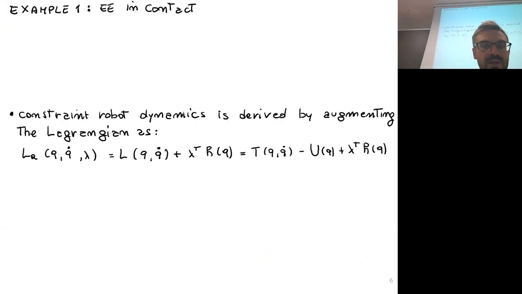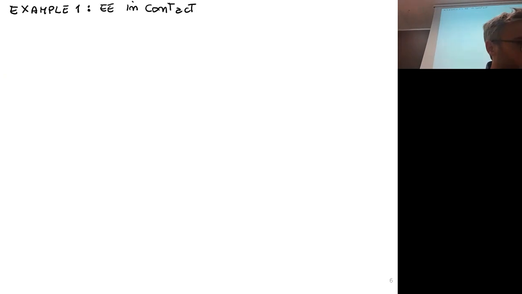So in the case of the end effector on the rail, because it is a bilateral contact, let's say we want to keep the end effector position on the rail and still. So we want to clamp it there.